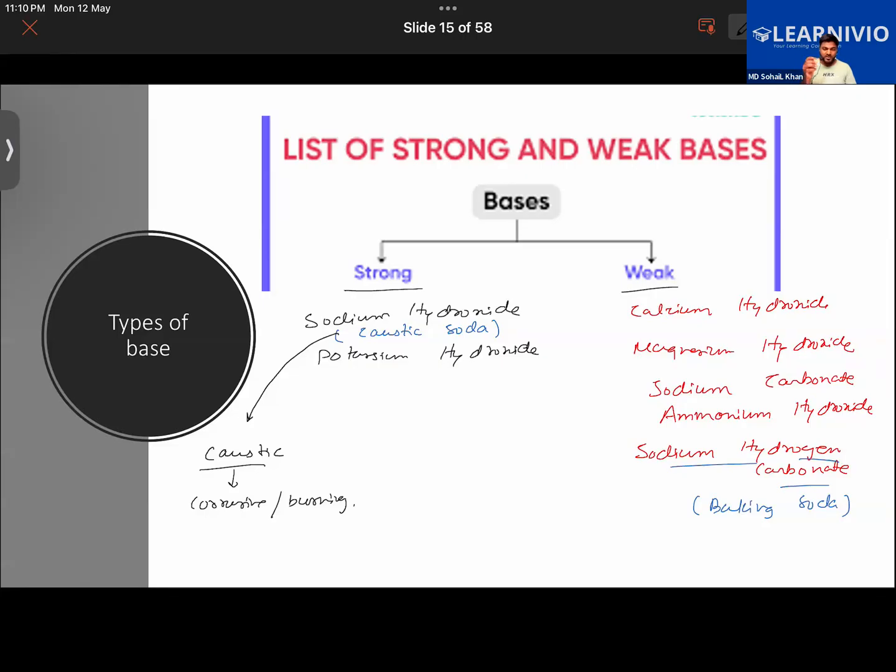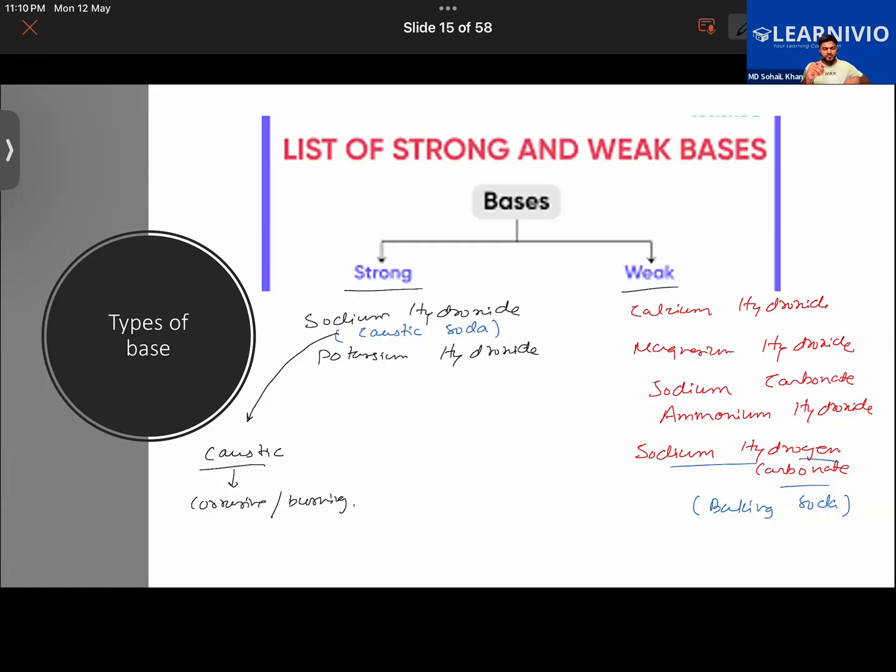Although they are weak, it's not like we can add them into water and drink them. In the case of acids, weak acids are safe, particularly the organic acids are safe.